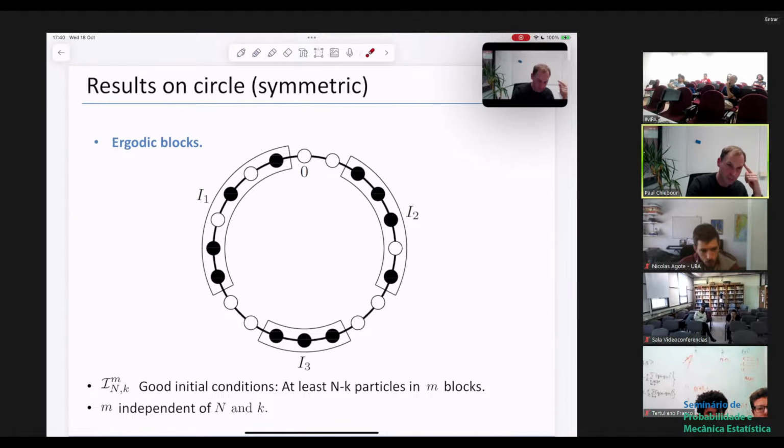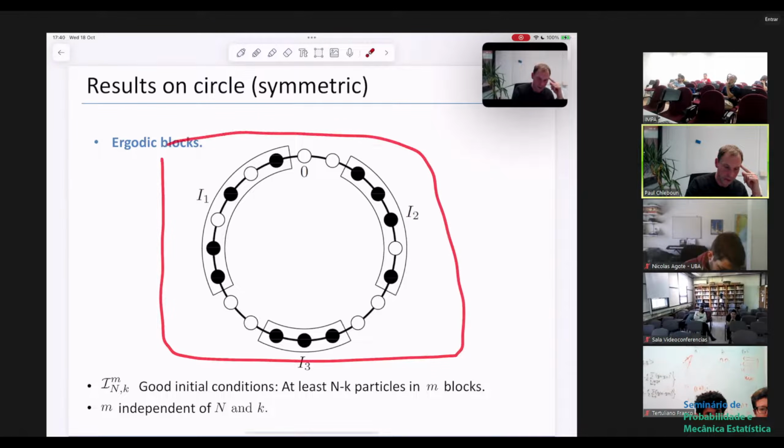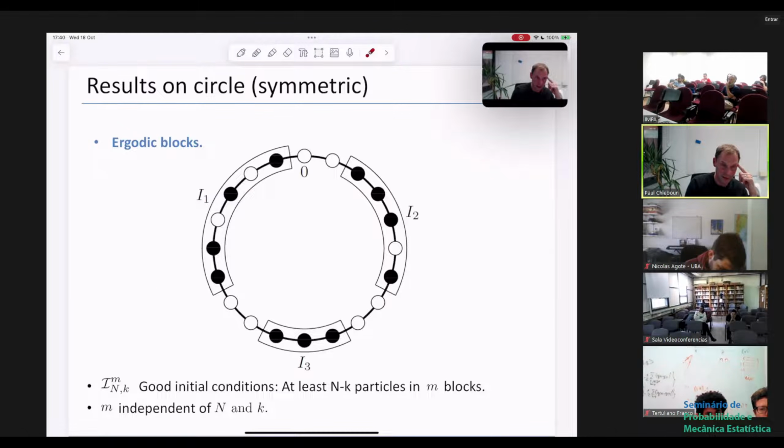So, okay, first, I've skipped a bit. What do I mean by an ergodic block? So if we start the facilitated exclusion process on the ring from any initial configuration, then I define the ergodic blocks as being these maximal subsets where, restricted to this subset, the process looks ergodic.